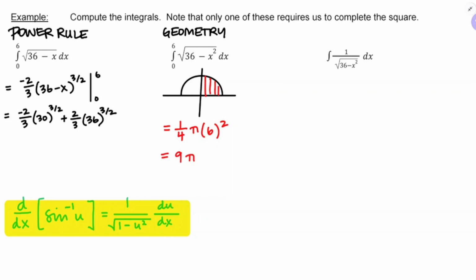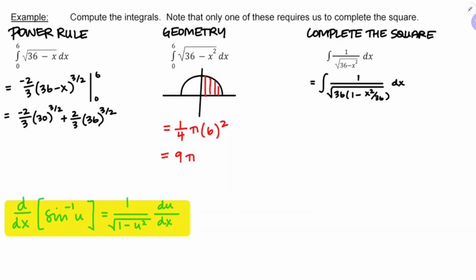And then this third one, that's the one that's going to require us to complete the square. But it doesn't really look like what I showed you at the beginning, completing the square like we did in Algebra 2. Neither did the ones with arctangent. I see how it relates, but I can't figure out how to show you algebraically how it's the same thing. So I'm going to show you what we are going to do. We're going to take the 36 and factor it out inside the square root. That's going to be our first step.